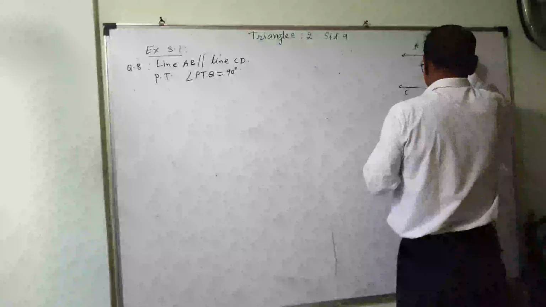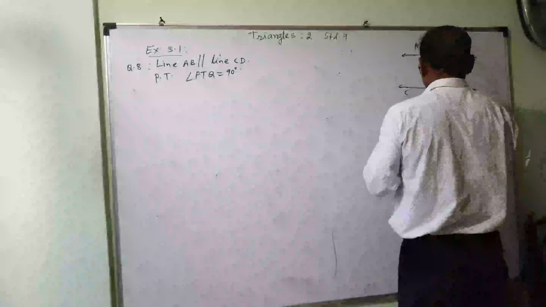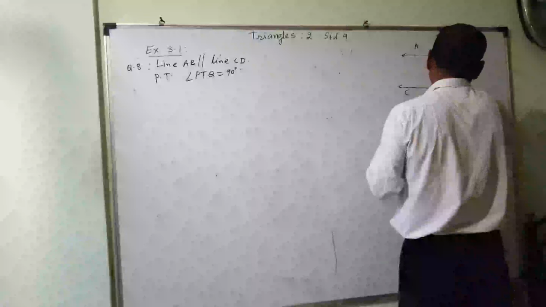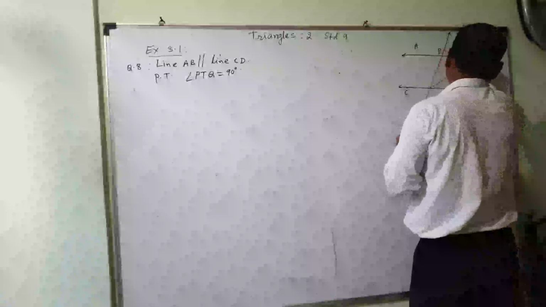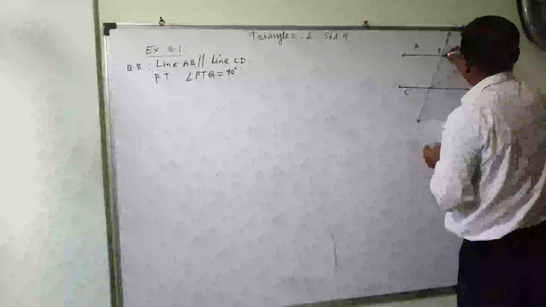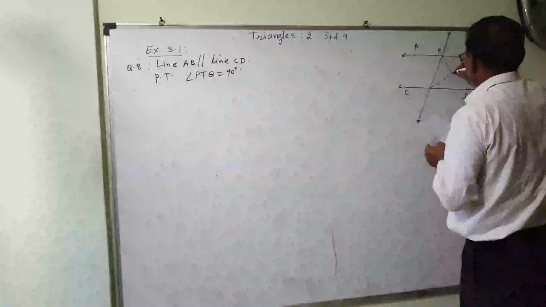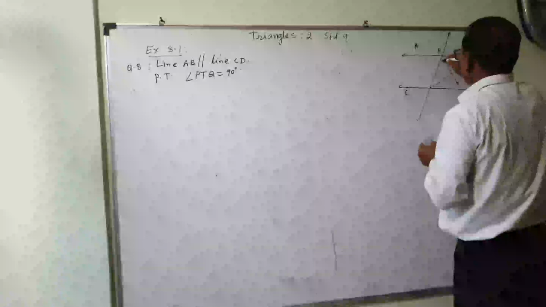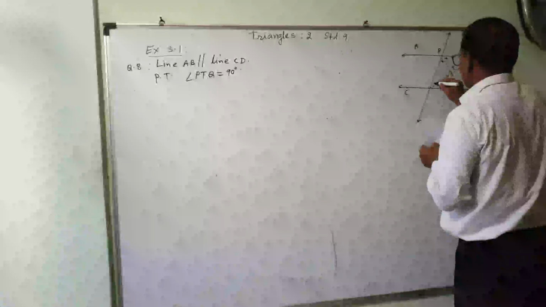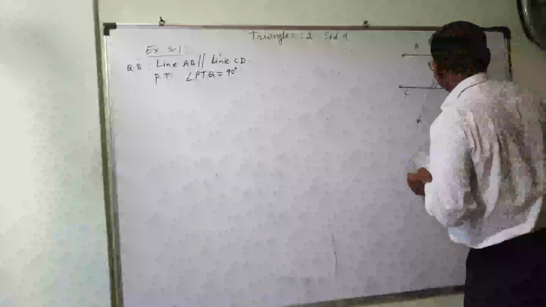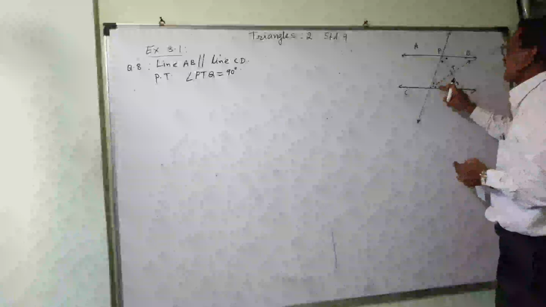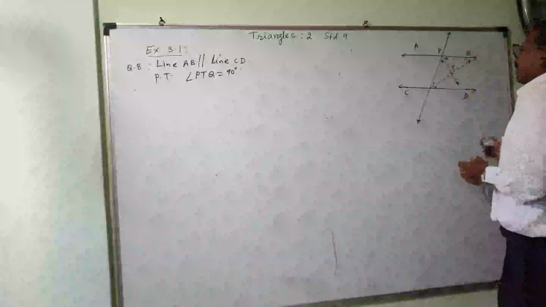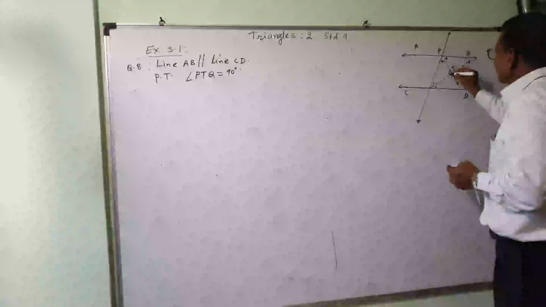This point is P. And some work is done here, this way and this way. And this point of intersection is T. Here some marking is given. This is x, this is x. The meaning of this is this angle and this angle are equal. That means it is a bisector. So from this, I have to find this angle T.